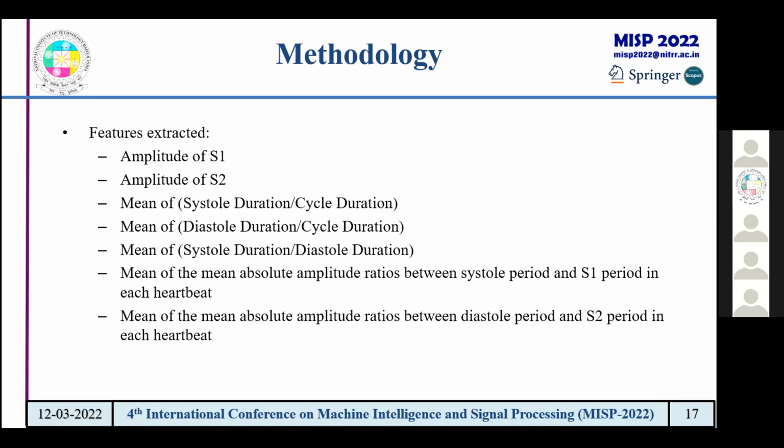In S1, I take the mean of all the S1 amplitudes. I sampled about 1,000 beats, so in that S1 column I took the average over however many samples there are, and kept it for that audio signal as the amplitude of S1.